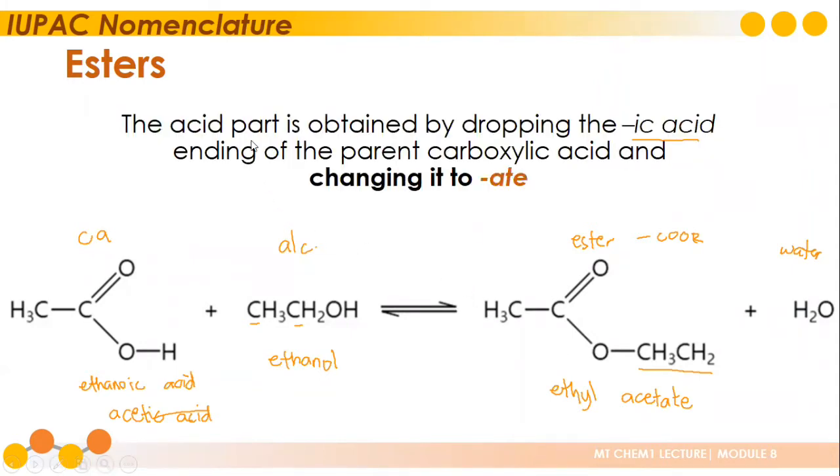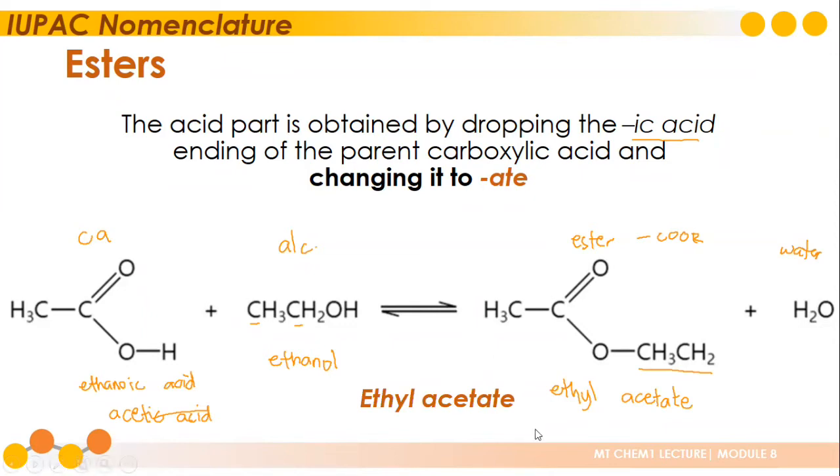Then for the acid part, you simply drop the "ic acid." We have here ethanoic acid, or by its common name, acetic acid. Usually common names are what we use for the carboxylic acid. So instead of acetic acid, we change it to acetate. Combining the two, it is now ethyl acetate.